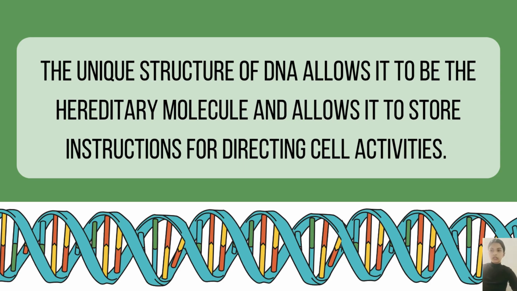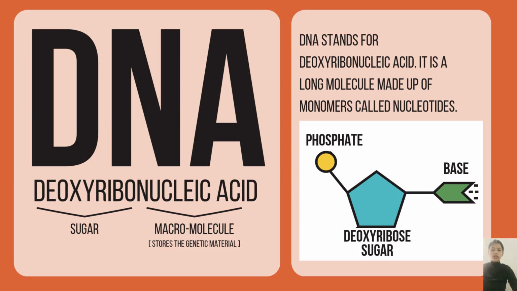Now, looking at the structure of DNA, it has a unique structure that allows it to be the hereditary molecule and allows it to store instructions for directing cells and their activities. DNA stands for deoxyribonucleic acid. It is a type of nucleic acid, where deoxyribo means sugar molecule and nucleic acid is a macromolecule.